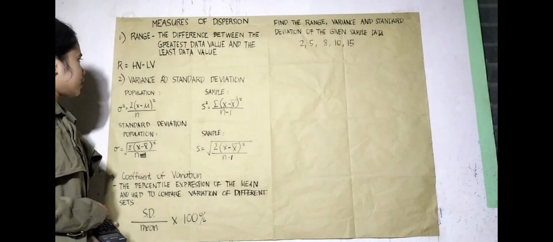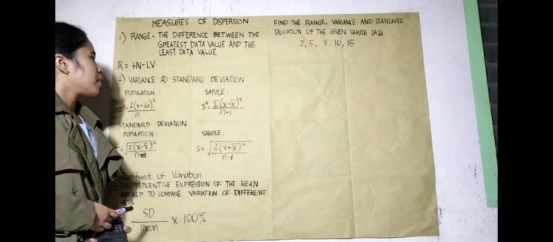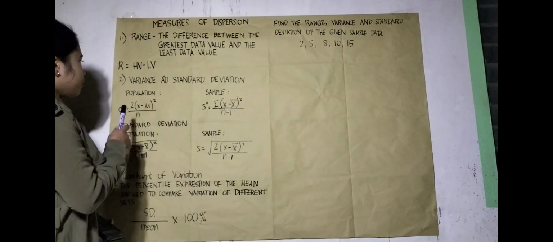The second type of the measure of dispersion is the variance and the standard deviation. In variance and standard deviation, we do have differences. We have population and sample variance and standard deviation.